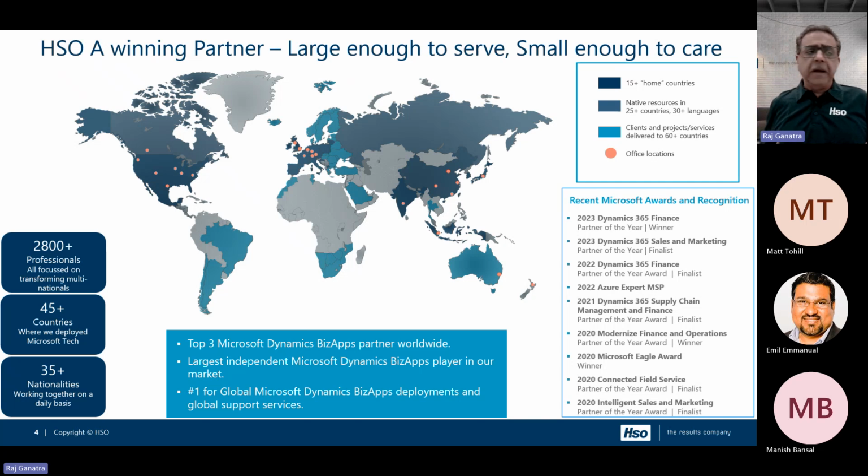We are one of the top Microsoft BizApps partners globally. We only focus on the Microsoft platform and BizApps, and we are good at it with a lot of experienced people, a minimum of 10 years experience per consultant we have on board. We've been awarded as one of the top 3 partners for Microsoft globally.